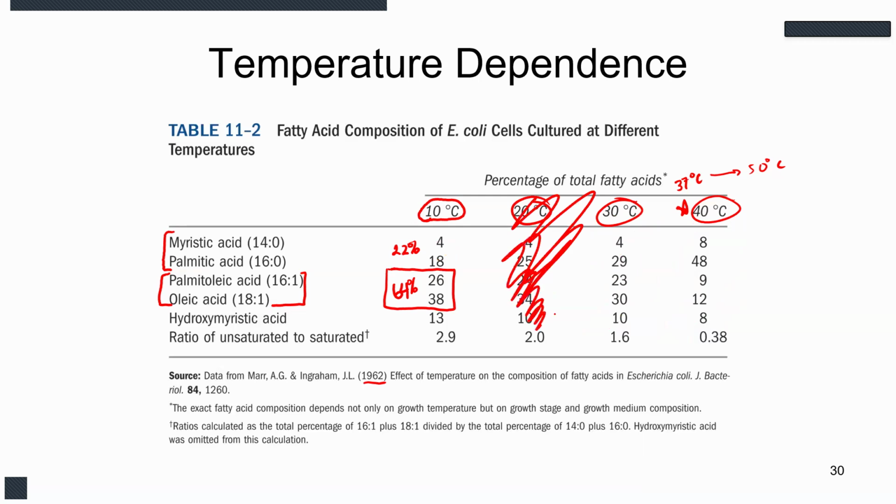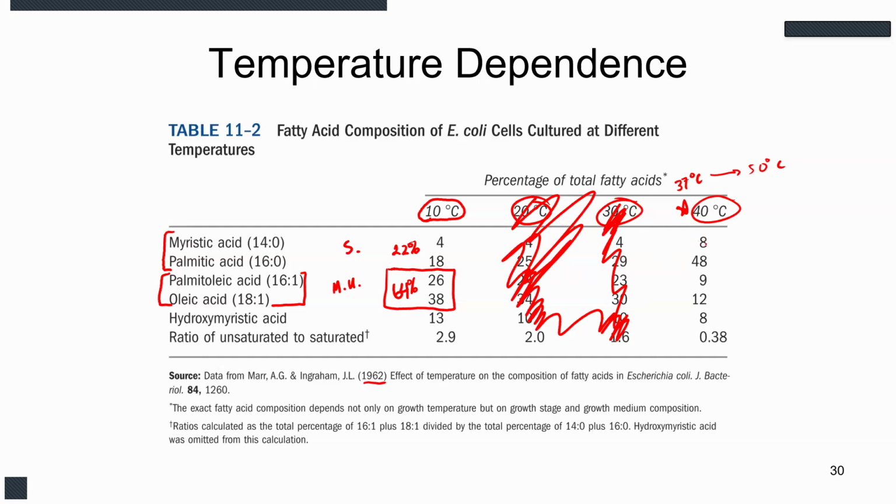Now, that just shows that at a lower temperature, we have more monounsaturated, which I just said was MU to saturated. So more MU to S.